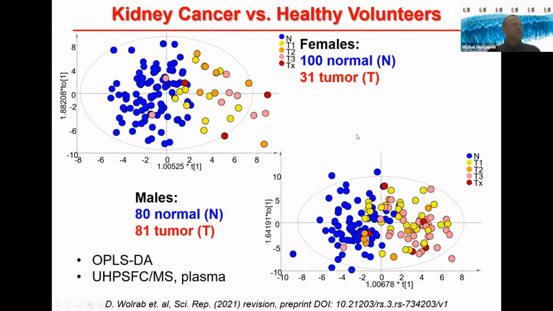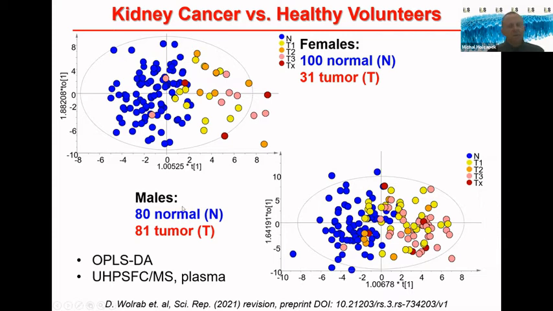So far, I have shown you just the data for pancreatic cancer, but we have data sets for at least 3 additional cancer types. Here you see the results for kidney cancer. We have also measured prostate and breast cancers and some others. Here results are slightly worse than for pancreatic cancer, but in most cases we are over 90% in resolution, both for females and for males.